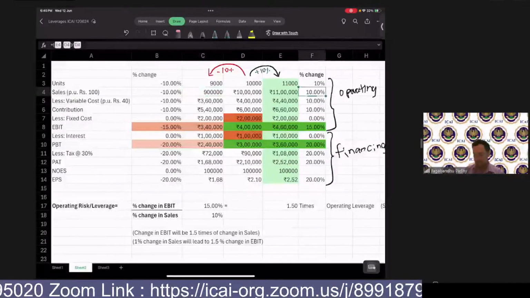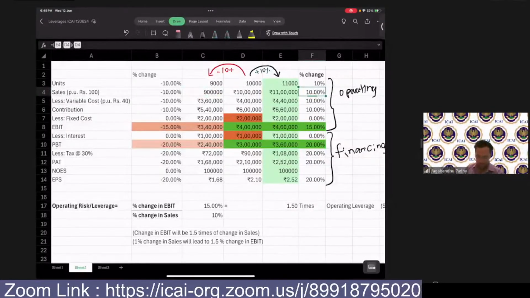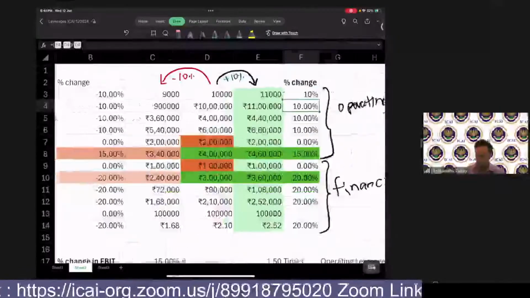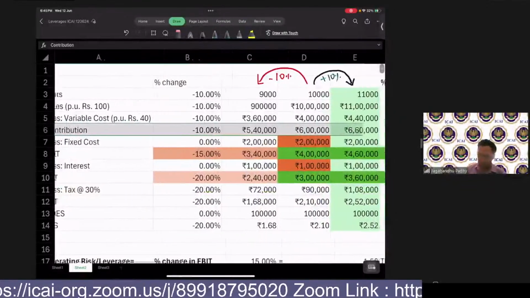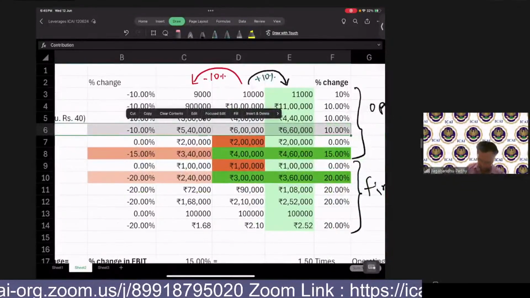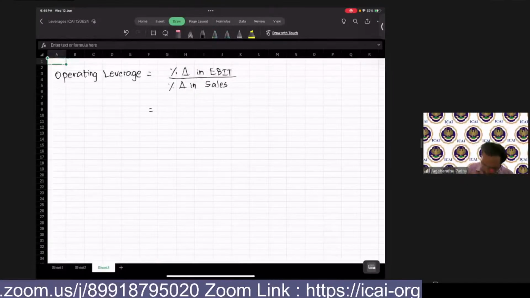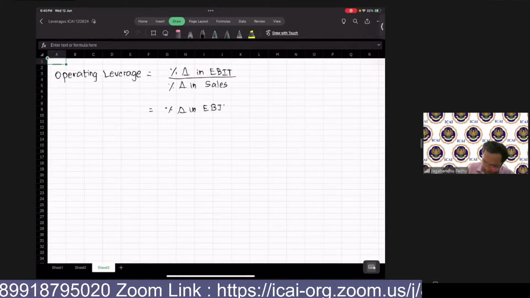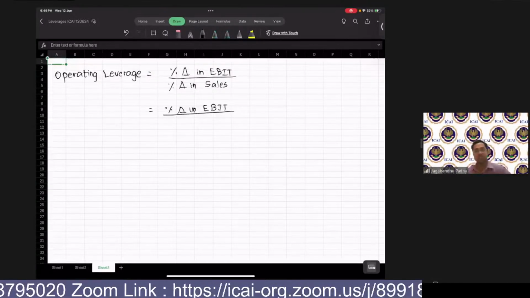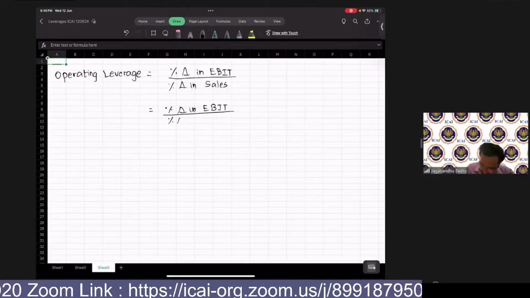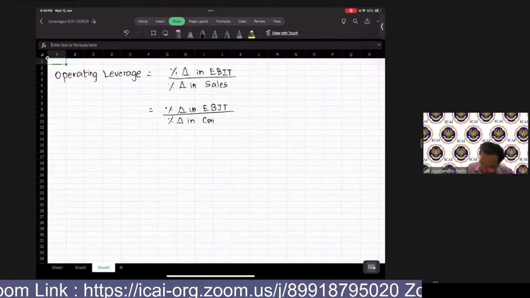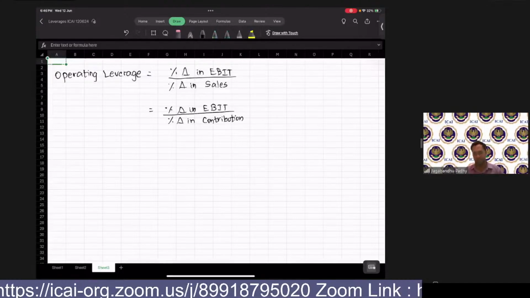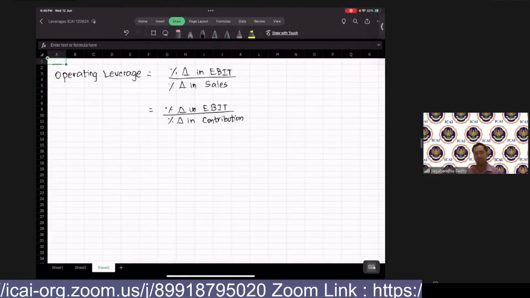The percentage change in sales that you observe is the same as the percentage change in variable cost, and that also is the percentage change in the contribution. The contribution is also changing by 10%. So the numerator I'll keep as percentage change in EBIT, but the denominator, percentage change in sales, I can say is the same as percentage change in contribution, because whatever is the percentage change in sales, you observe the same percentage change in the contribution.